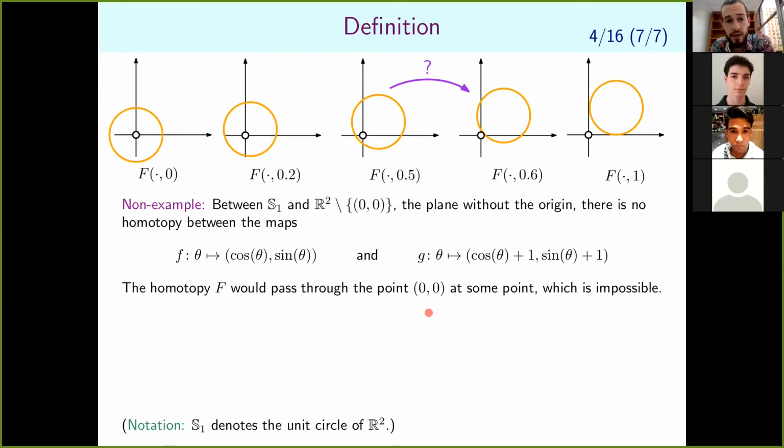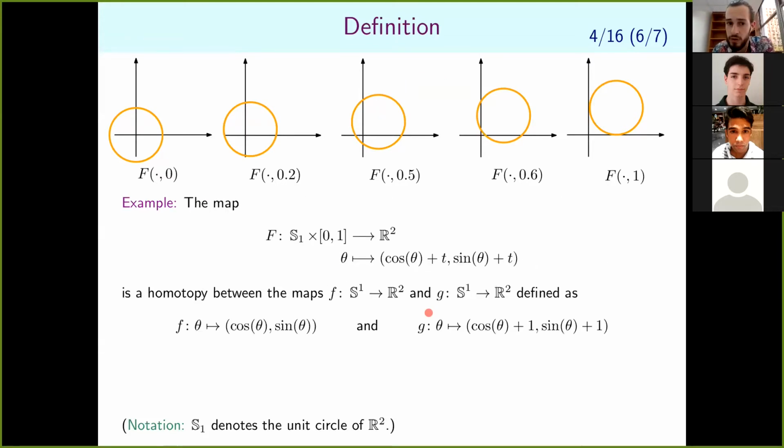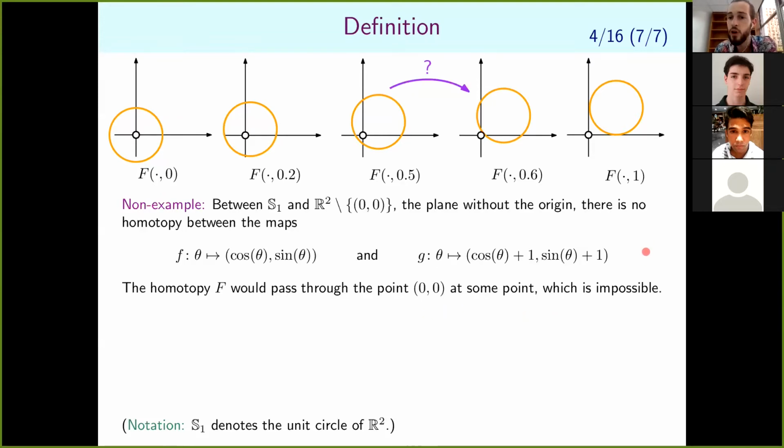So what I say here is that the homotopy we defined just before is not a homotopy in this example. It is not well defined. Though this does not mean that we cannot find any homotopy between f and g.